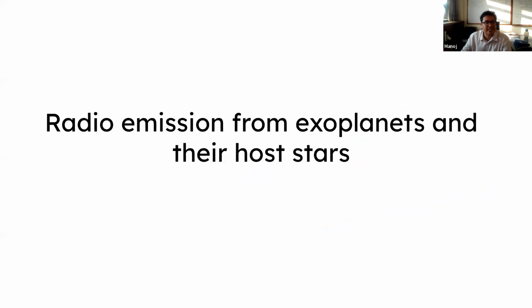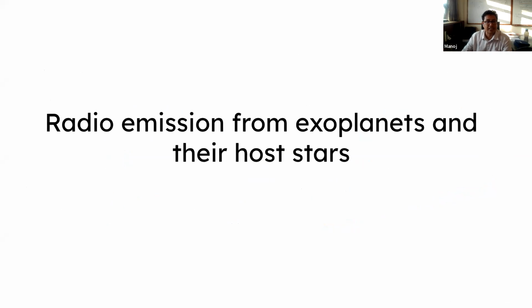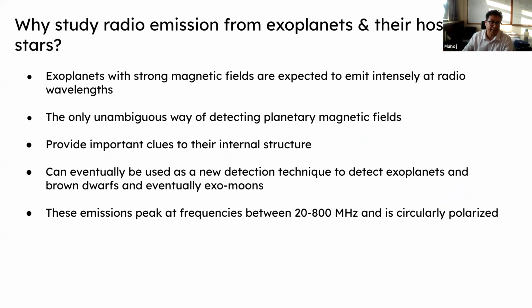There is one other thing that my group has been interested in: to detect the signatures of star-planet interaction via radio emission. The idea is that exoplanets can also have magnetic fields, and radio emission from them is the only way to detect them and to measure the magnetic field strength.